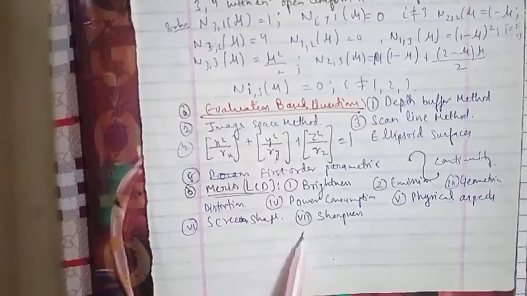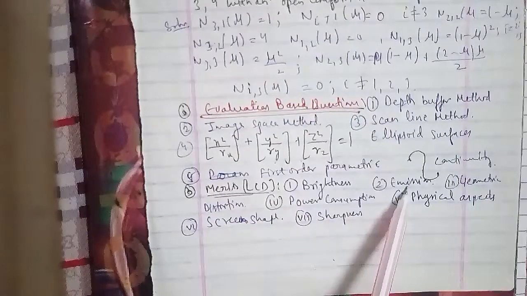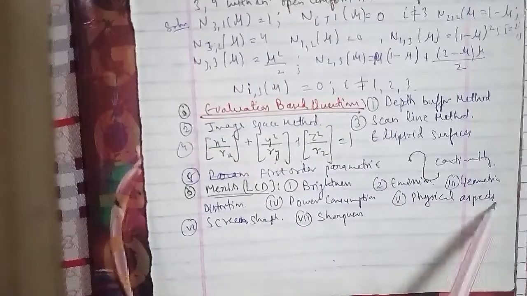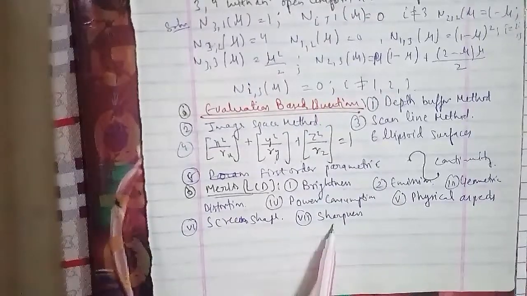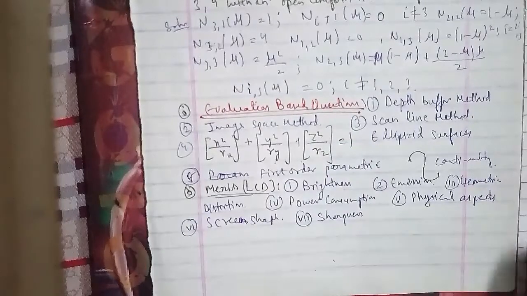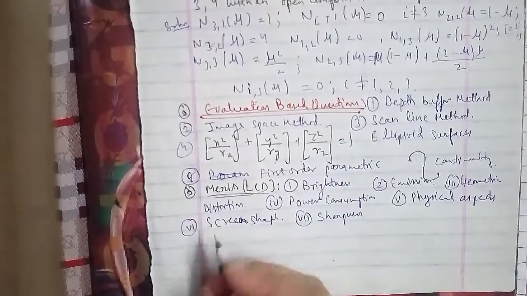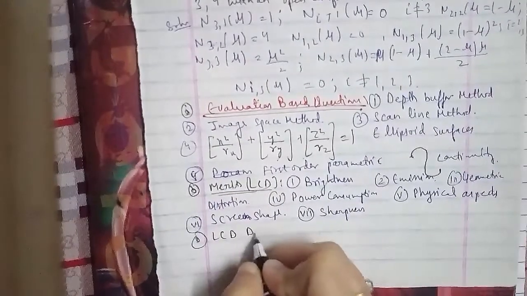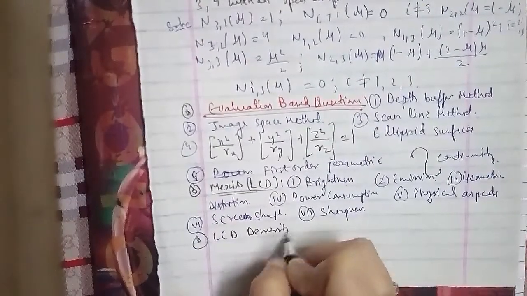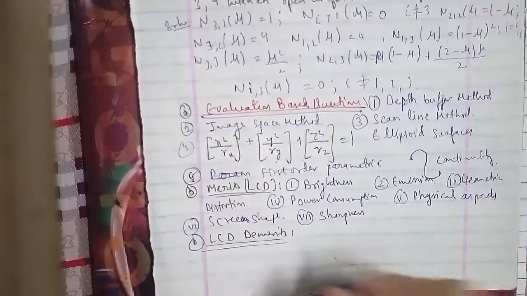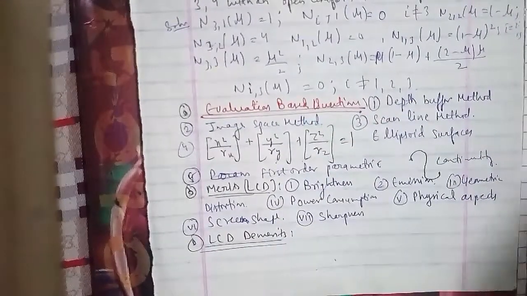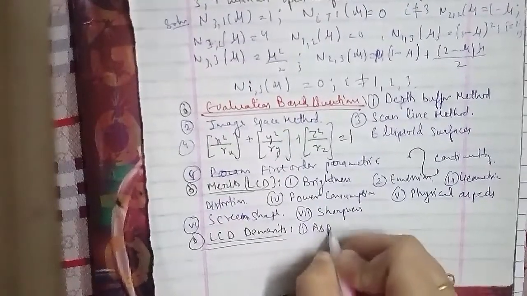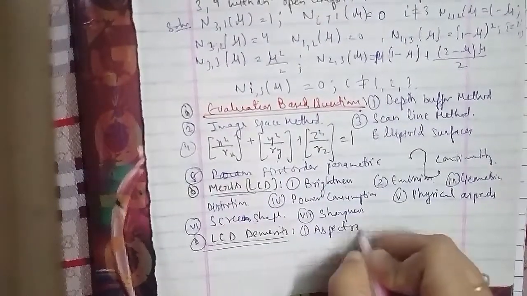The third is contrast. It has lower contrast than CRTs due to the poor black level. The fourth is color and grayscale accuracy. Color saturation is reduced at low intensity levels due to the poor black level.